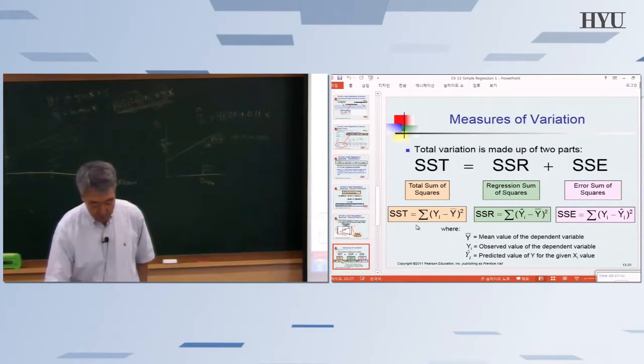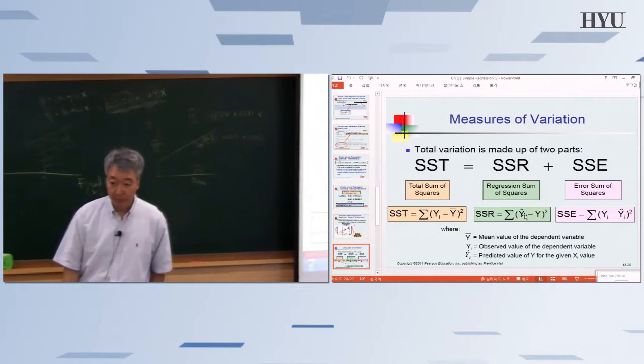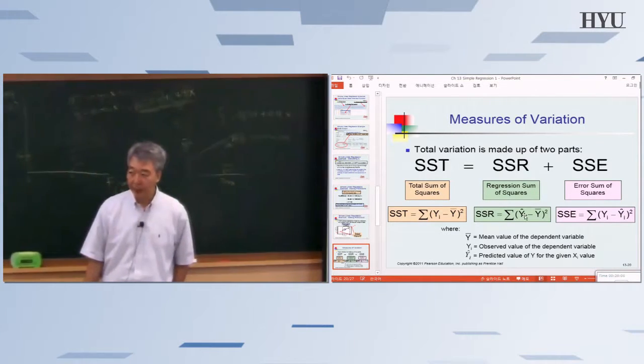So this is simply the sum of square for total, or sum of square of the total deviation. And this is the sum of square for what? Between explained and unexplained deviation. Which one is this? Predicted value minus grand mean. That's explained deviation, explained by the regression line.